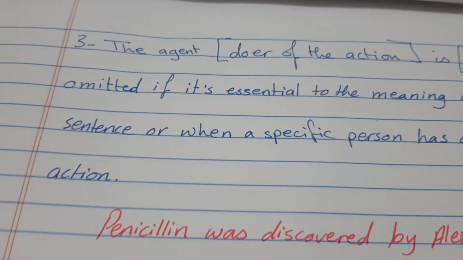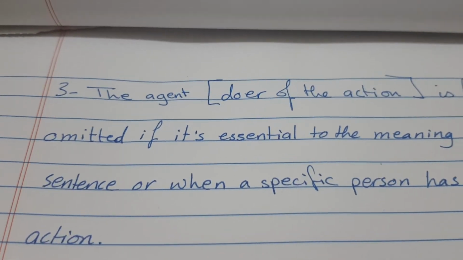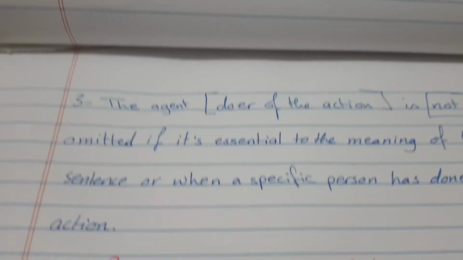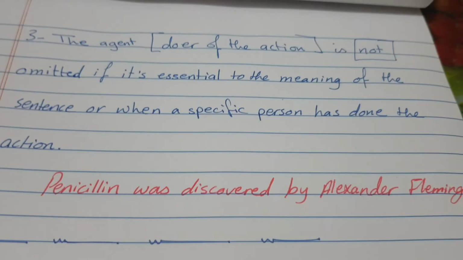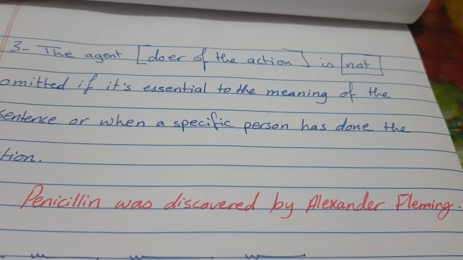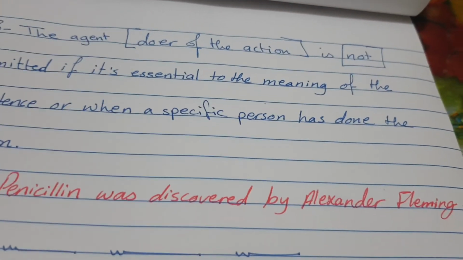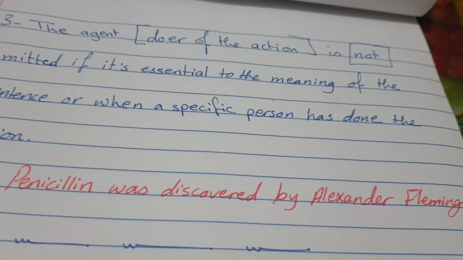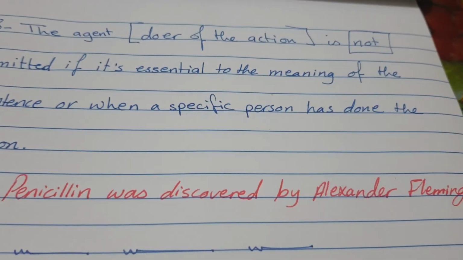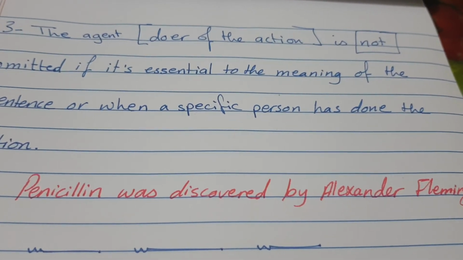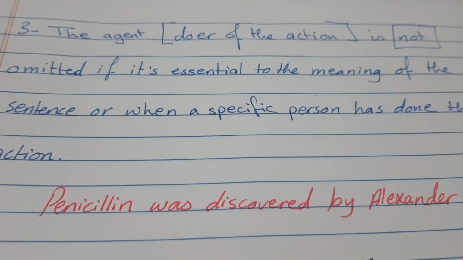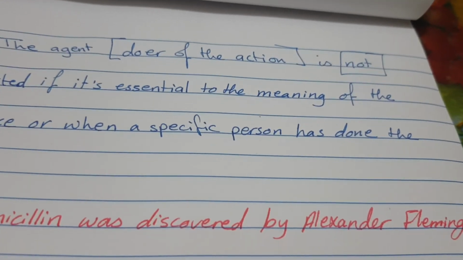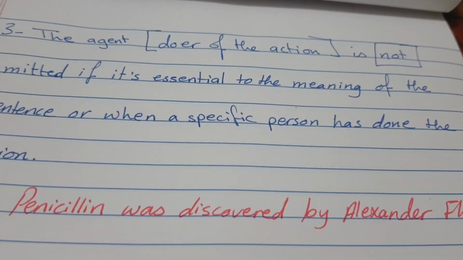Any action with a specific person and I have a name for that agent, we keep it. For example, let's take this one. Penicillin was discovered by Alexander Fleming. I can't say just penicillin was discovered in, let's say, 1928. We don't say that. We need to say who discovered penicillin.